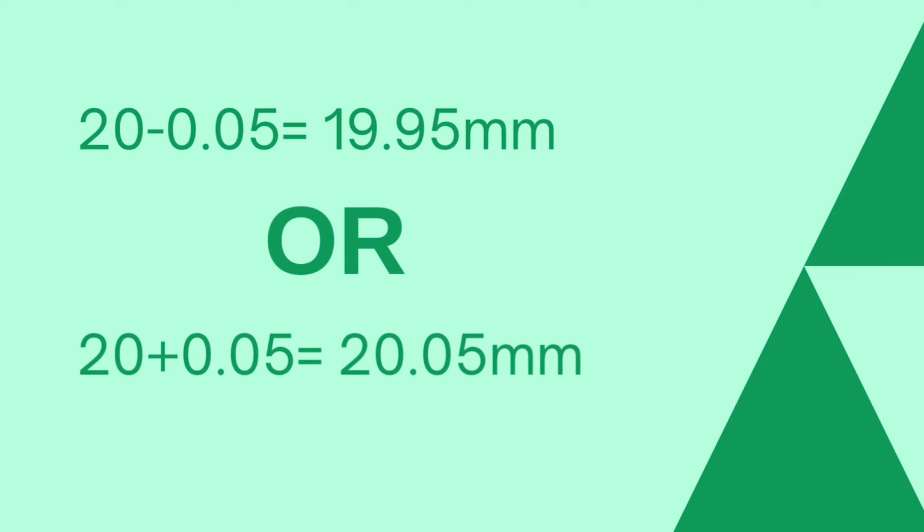Please note that before the tolerance value, there will be a plus and minus feature. This means that the actual diameter of the shaft can range from 19.95 millimeters, which is 20 minus 0.05, or 20.05 millimeters, which is 20 plus 0.05.